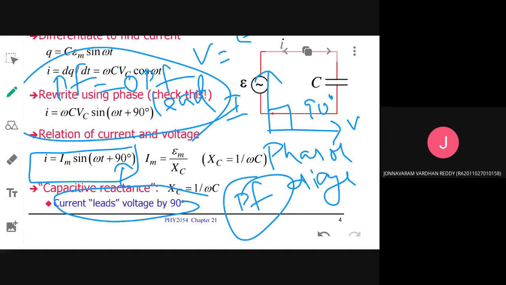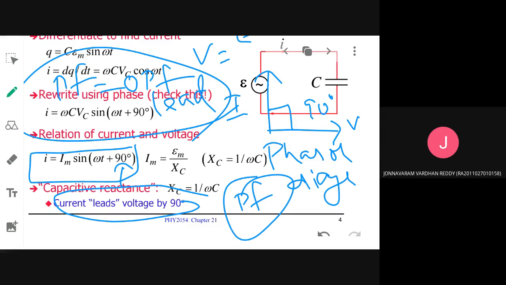Then in a capacitive circuit, zero power factor, lead. One more thing you have to remember: if it is a resistive circuit, V and I will be in phase. If it is an inductive or capacitive circuit, V and I will be out of phase by 90 degrees. I will be lagging the voltage in an inductive circuit and I will be leading the voltage in a capacitive circuit. Okay, that's all.